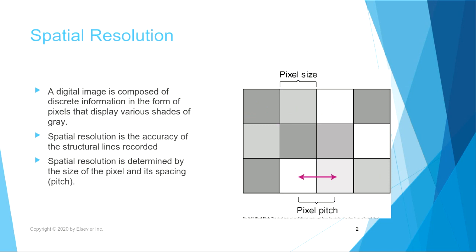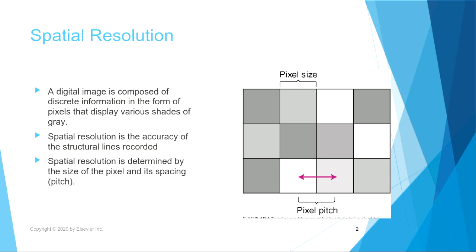When they talk about spatial resolution, we'll go back to the fact that an image is made up of information in the form of pixels. Remember we said that those are the square picture elements that make up a matrix.